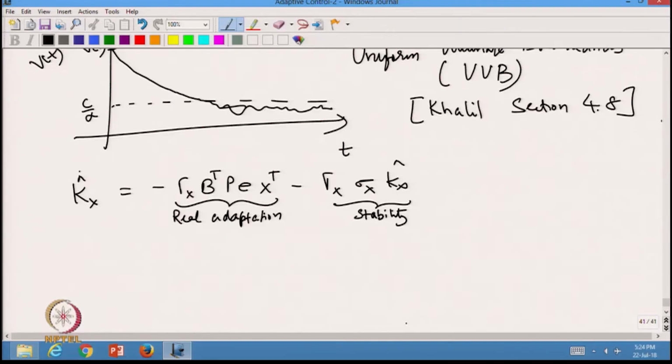So, in this way sigma mod is a fairly effective method, but what happens when the error becomes very small? As the error becomes very small, we see that the effect of this adaptation term becomes very small, and the sigma mod term may become dominant in the case where E becomes very small. So, what happens in that scenario is that k x hat dot is mainly driven by the second term, and what does the second term do?